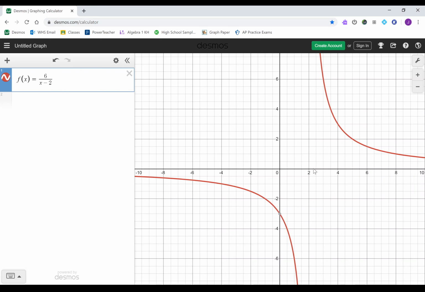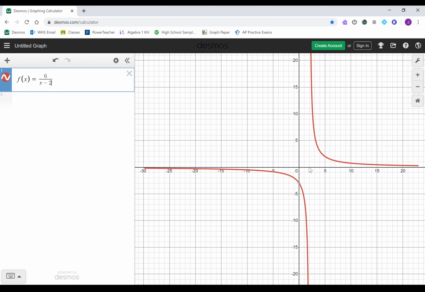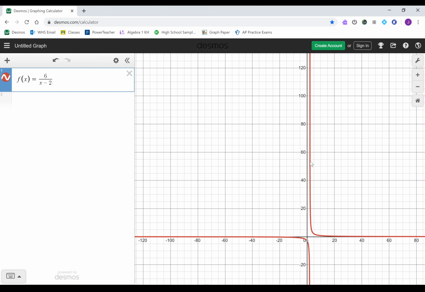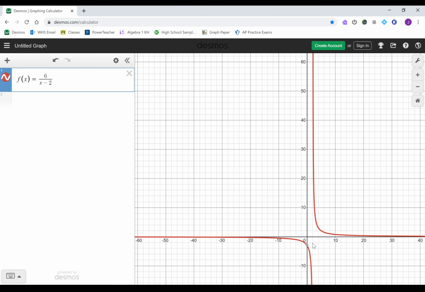And what I notice right off the bat is that if I look at x equals 2, it doesn't seem like my graph actually ever hits x equaling 2. I have all these points here. They all work fine. Like there's f of 0 giving me negative 3 as an answer. But when I try to get to x equals 2, no matter how much I zoom out and trace along this line here, I can't seem to get all the way to x equals 2.